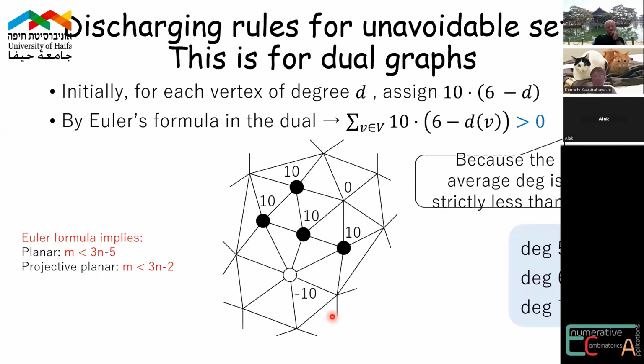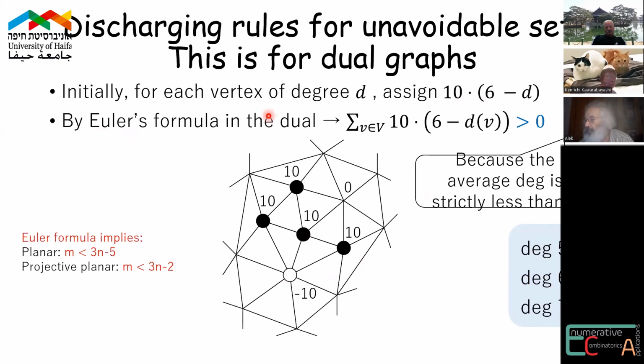The discharging method goes like this. Initially, for each vertex of degree d, we assign the charge 10 times (6 minus d). For example, this guy has degree 5, so this guy gets 10. This guy is degree 7, so he gets minus 10.